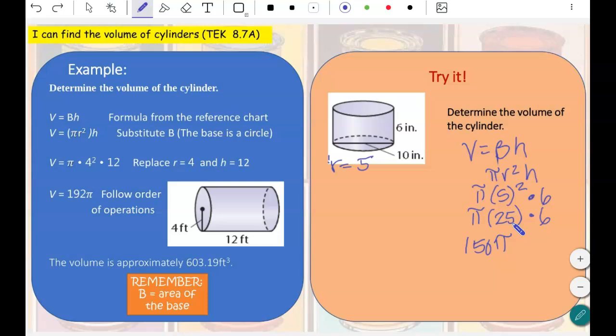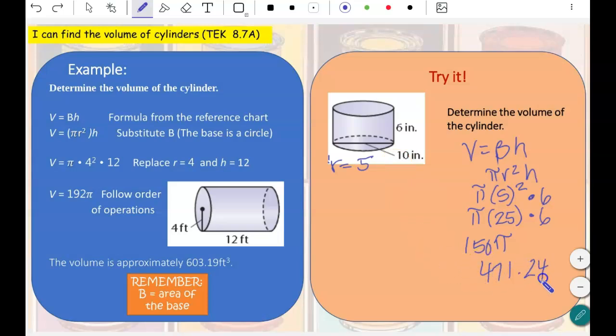And then you put into your calculator 150, and like I said, try to use that pi key so you are more accurate with your answers and it's not rounding it off. The pi key is above that caret key, second caret, and then press enter. 471.238. So we're going to put 471.24 approximately.